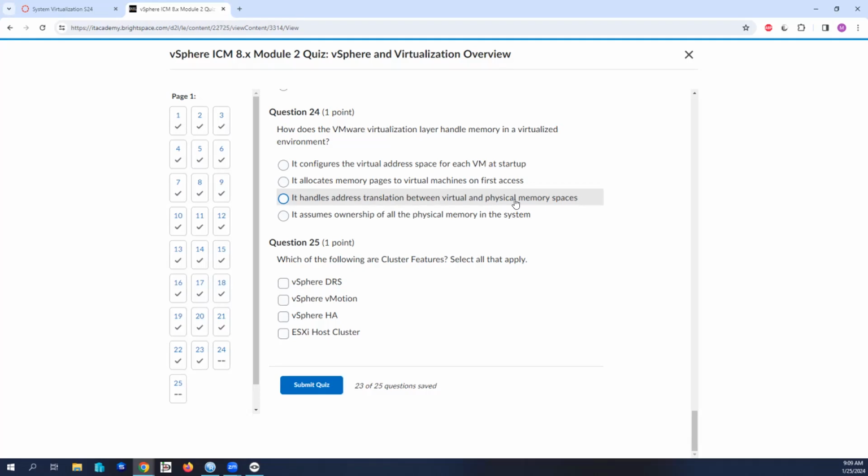We had an earlier question about a physical guest OS assuming ownership of all physical memory in the system. That was the answer to a previous question, so we can also eliminate the last one. So now we have between A and B. They both look pretty accurate. Both look like they could be the answer.